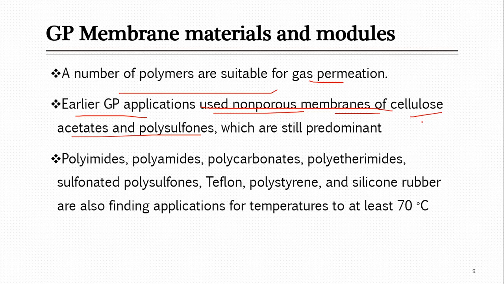Cellulose acetate and polysulfone are predominantly the most used membranes due to various advantages compared to others, but some other membranes are also used for specific applications. As we have seen, membranes can be used for many applications, so only one material is not good for all applications. You have to look for alternatives like polyamides, polycarbonate, polyetheramides, sulfonated polysulfone, and then others like polystyrene and silicon rubber membrane, which are used for some applications.